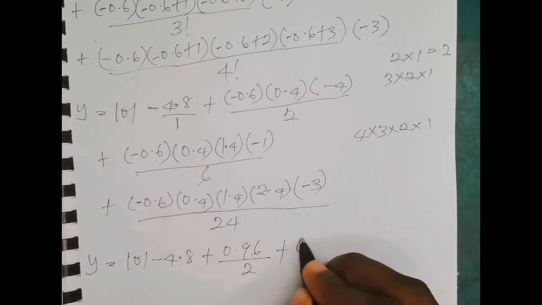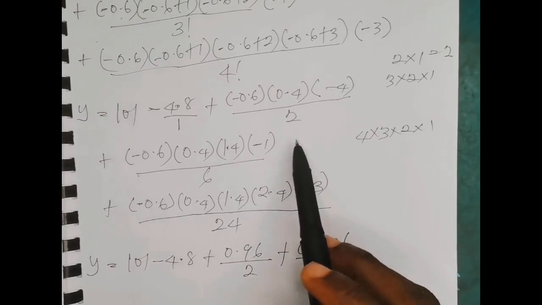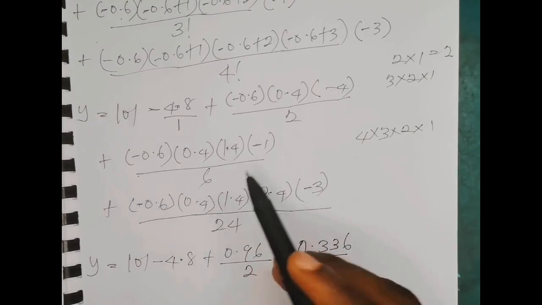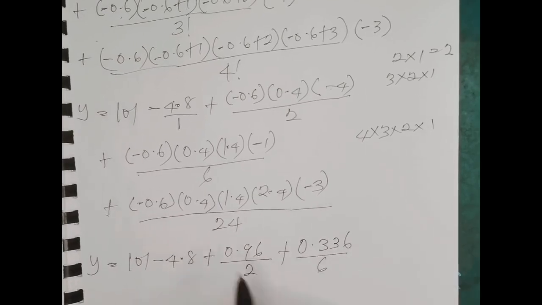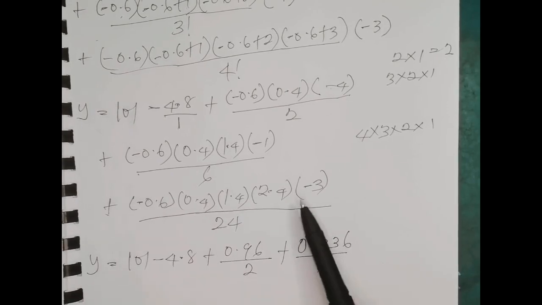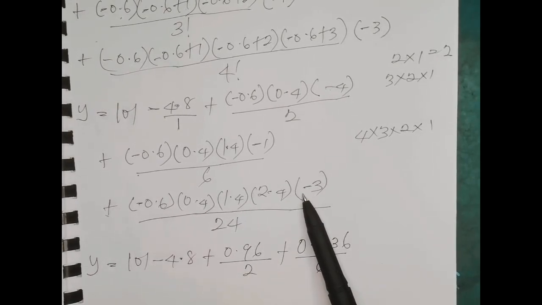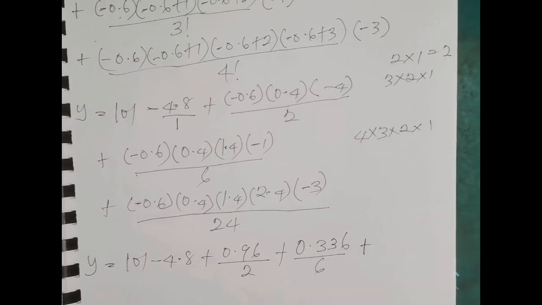So you have plus 0.336 divided by 6. Okay, so let's evaluate here. Once again, negative and negative obviously will give us a positive result, so we should be expecting a positive result here.